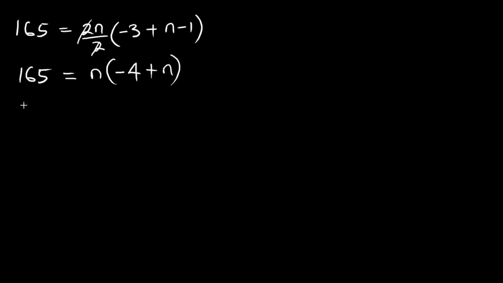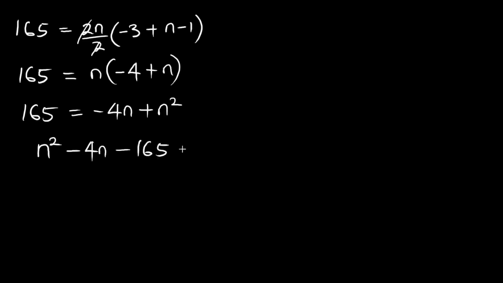If I simplify this, I'm going to have 165 equals minus 4n plus n squared. So I'm going to take 165 to the right hand side to rewrite this equation as a standard quadratic equation. That's going to be n squared minus 4n minus 165 equals 0.